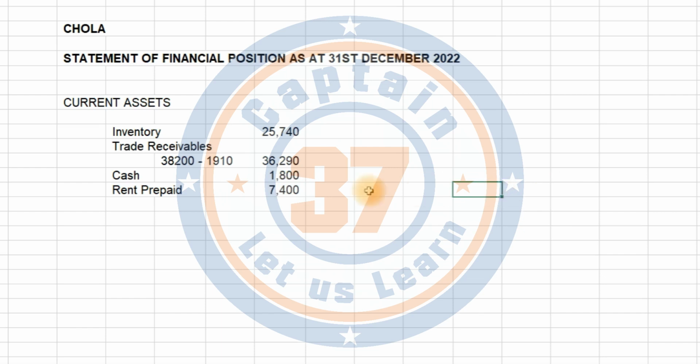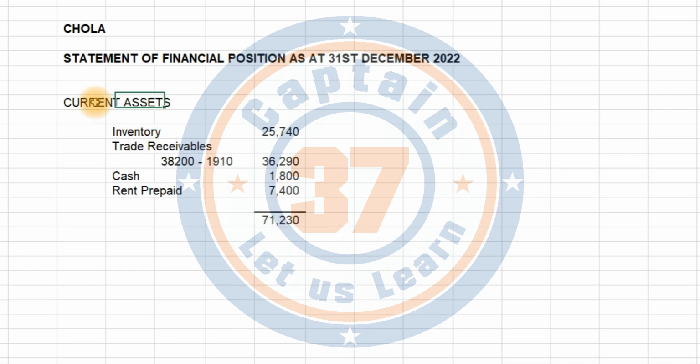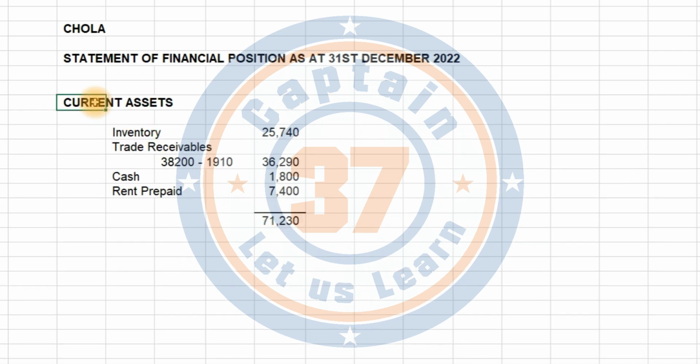Great. This is it. When we add these entries that we have here, it's going to give us 71,230. This amount here represents our total current assets.